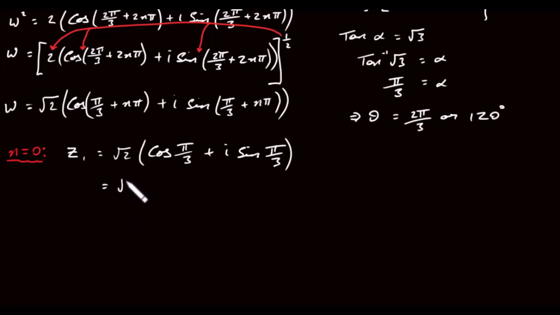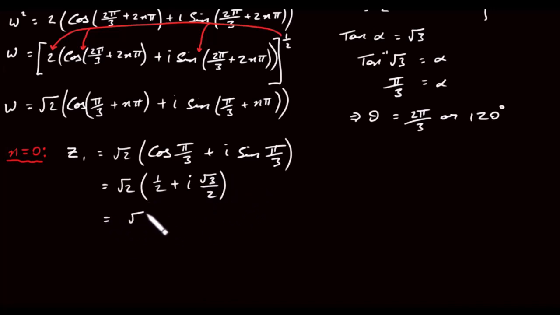So we've got square root of 2 here. The cos of 60 degrees, the cos of pi over 3 is a half, and the sine of 60 degrees is root 3 over 2. So let's just simplify that then.